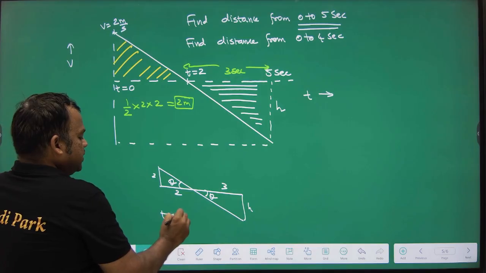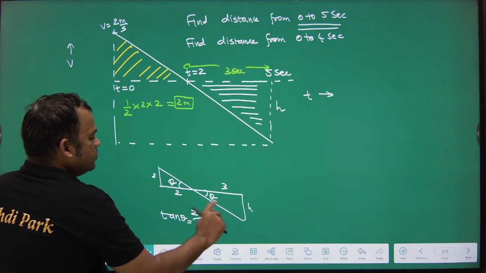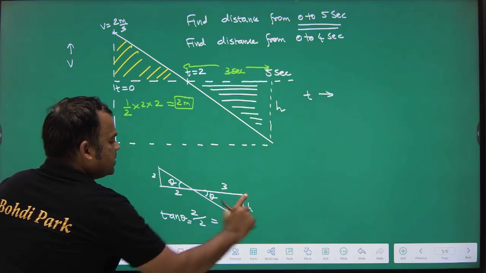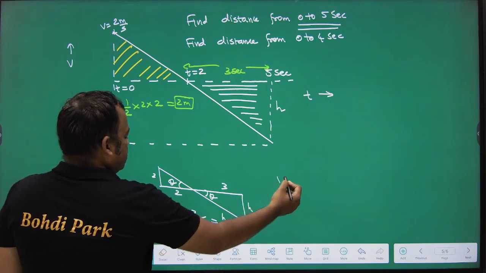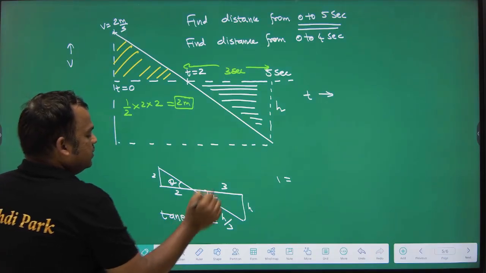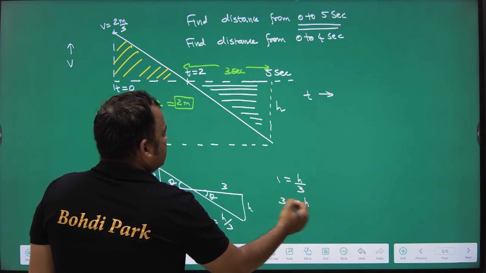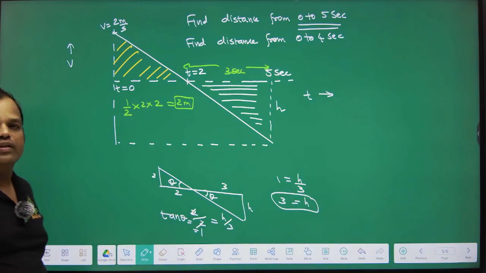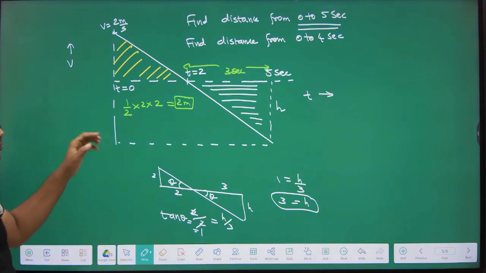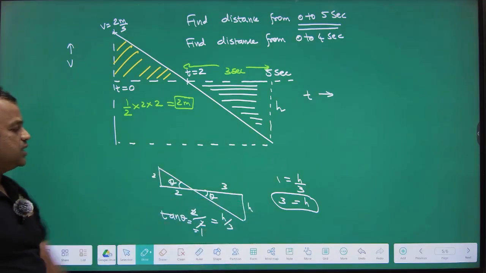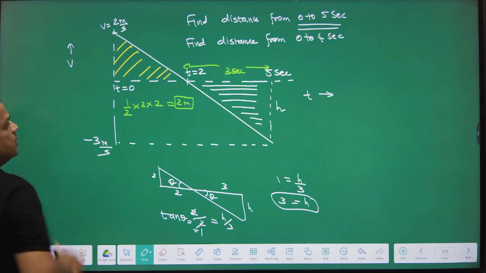So tan theta using this triangle is 2 by 2, and using this triangle is h by 3. So 2 by 2 is 1, so 1 is equal to h by 3. So we have h is equal to 3. In the question h was not given. This velocity also not given, but we have calculated h is equal to 3. So this velocity will be -3 meter per second.